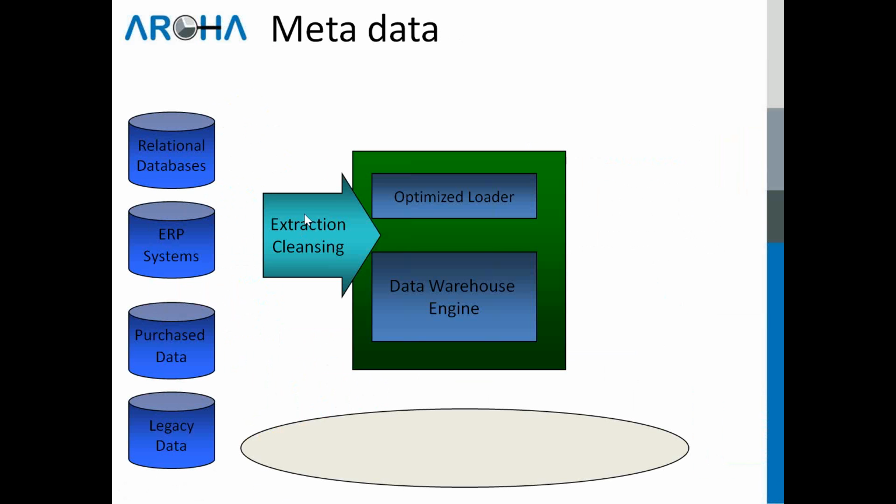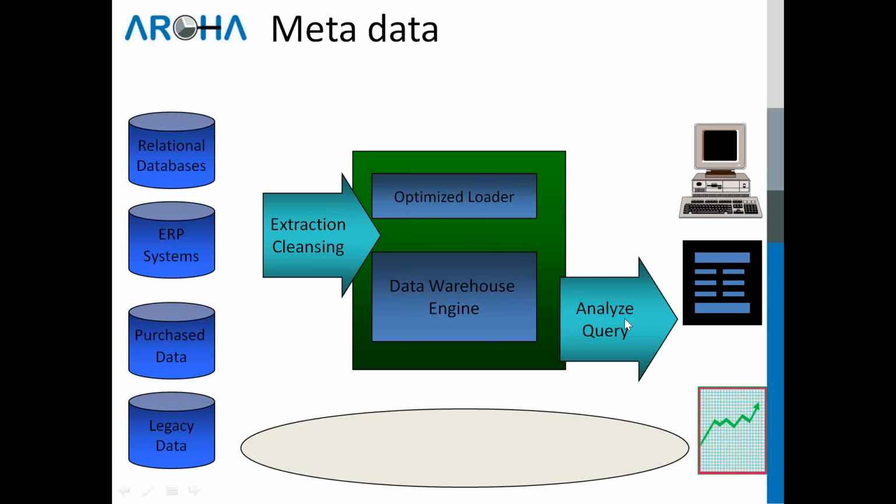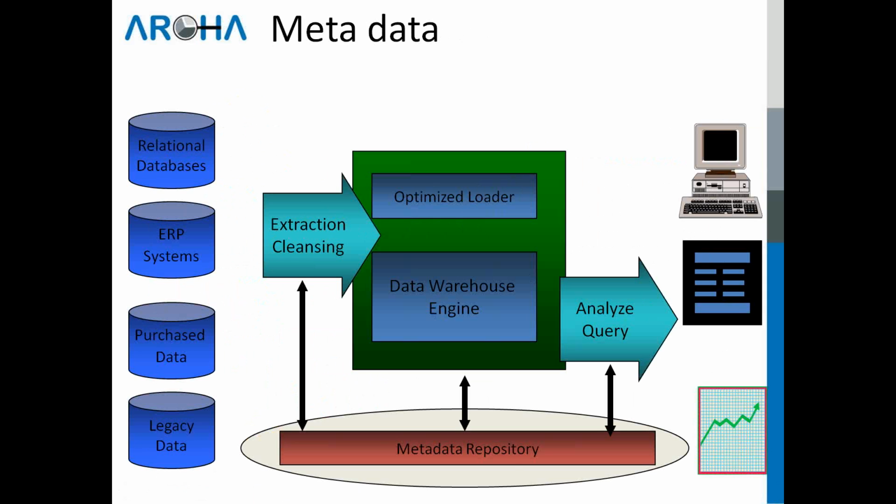Second comes extract and cleansing, and you take all of this data and load it, with optimization for the loader, into the data warehousing engine. Then you have analysis, where you are either pulling the data out and building the report. Now this metadata layer actually connects all three of these together.